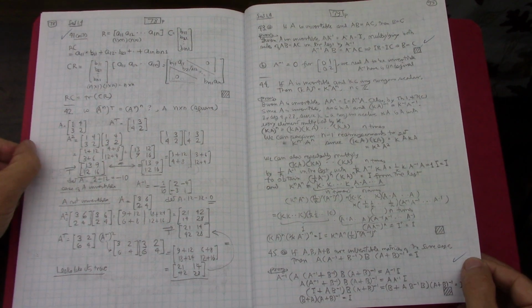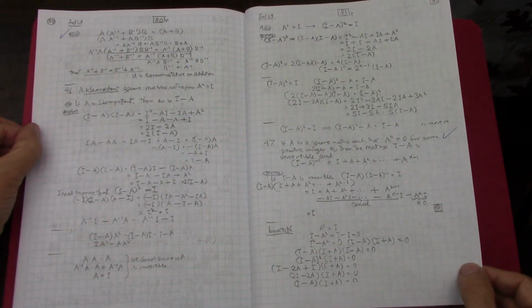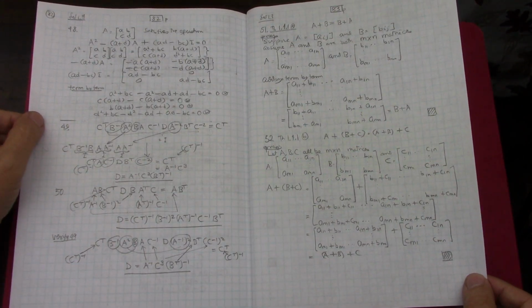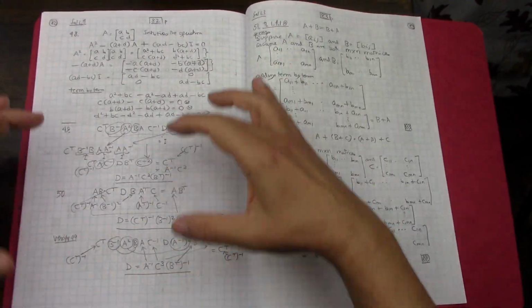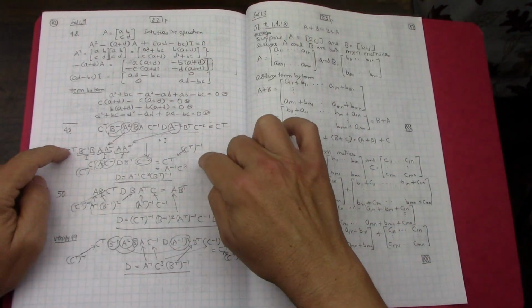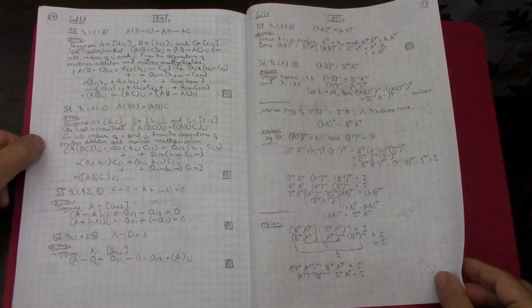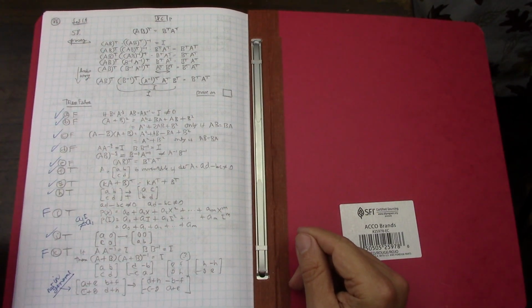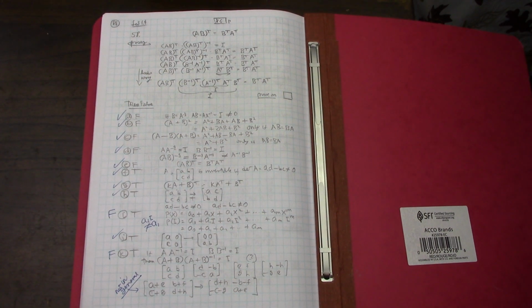More check marks, things that I got right. And I got this one right. Oh, actually, I don't even know, because some of the later problems, even with the other ones, are not in the booklet. Then the proofs. And then the true and false, I screwed up too. So that is sections 1.3 and 1.4.